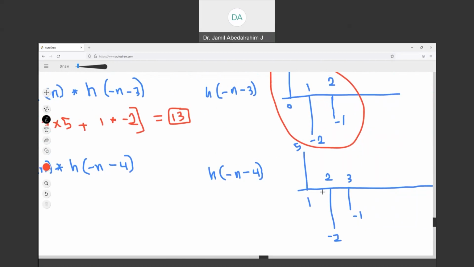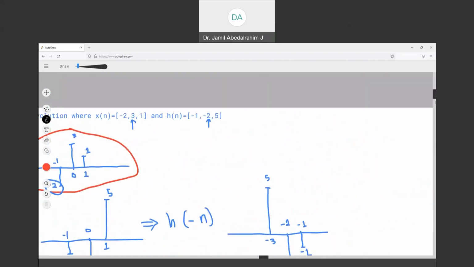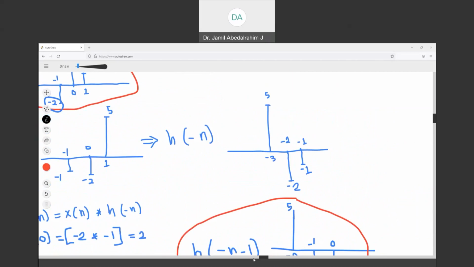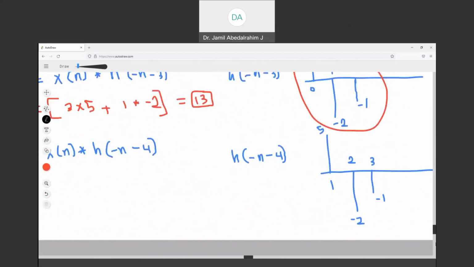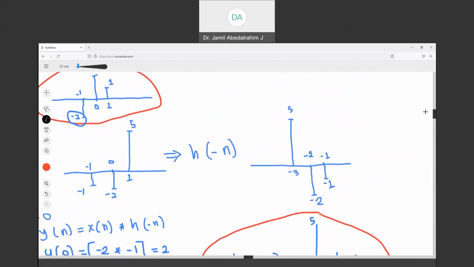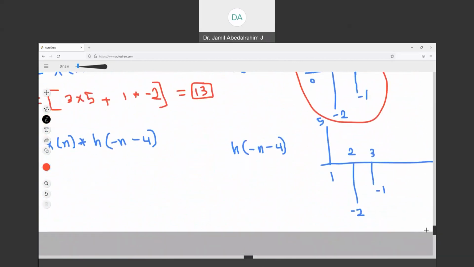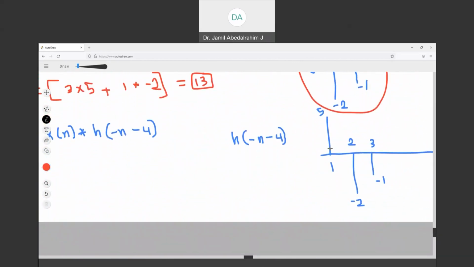Okay, so here we have 1, 2, and 3. Here there's no 2 and 3. We have only 1. So only at 1 we have the same location. At 1 the value is 1, and here at 1 the value is 5.